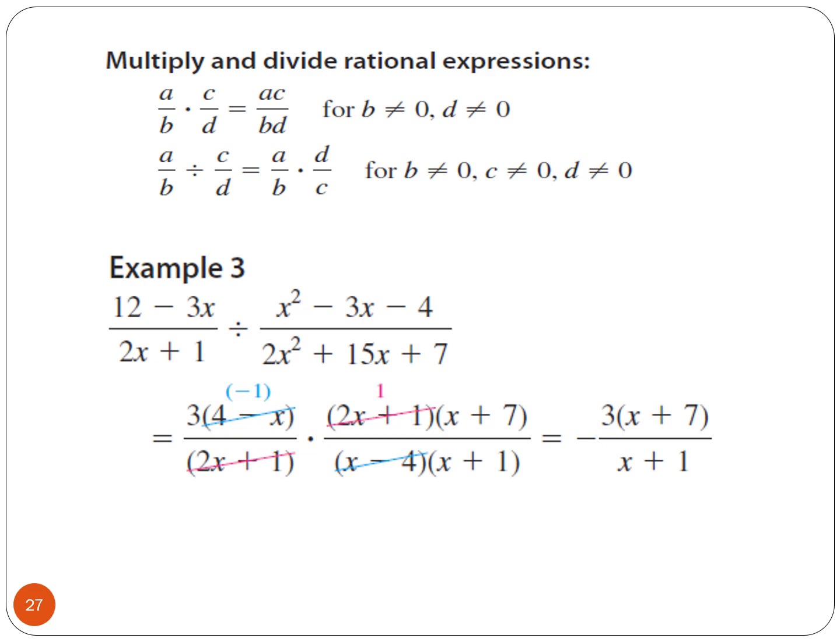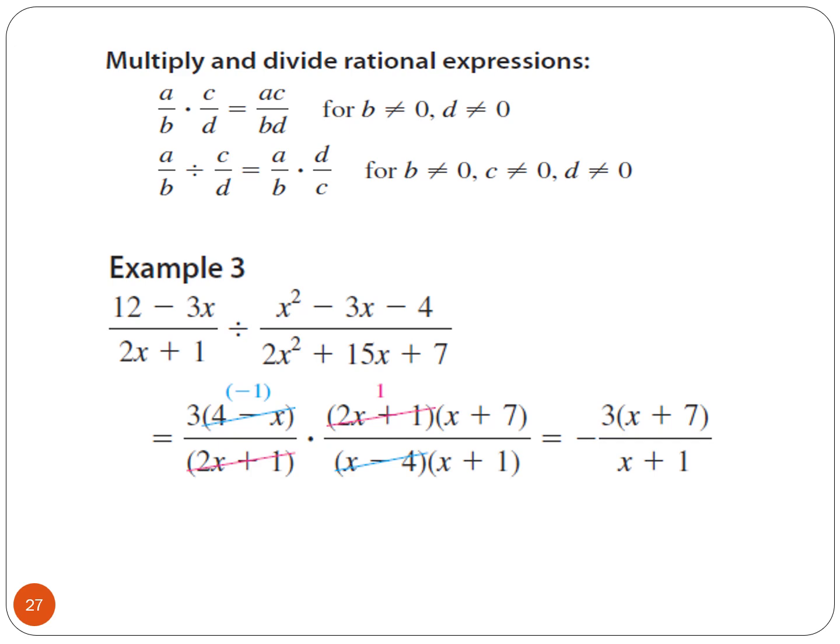Now the first expression, you leave it like it is, but you can go ahead and factor from the numerator 3, and you're left with 4 minus x divided by 2x plus 1. The division becomes multiplication, and then you invert the second expression.